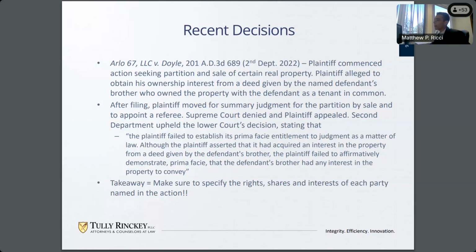First one I'm going to be talking about is the Arlo decision out of the Second Department in 2022. In this decision, the plaintiff commenced an action seeking the partition and sale of certain real property. The plaintiff alleged to have obtained his ownership interest from a deed given by the named defendant's brother, who apparently owned the property with the defendant as a tenant in common, and then sold his interest in the property to the plaintiff.